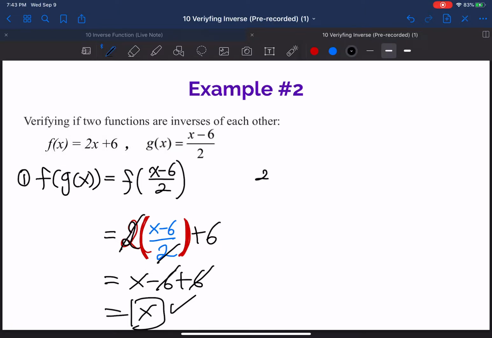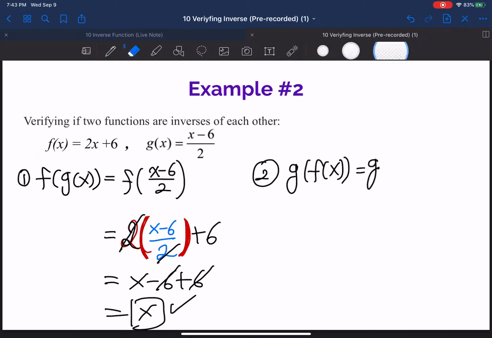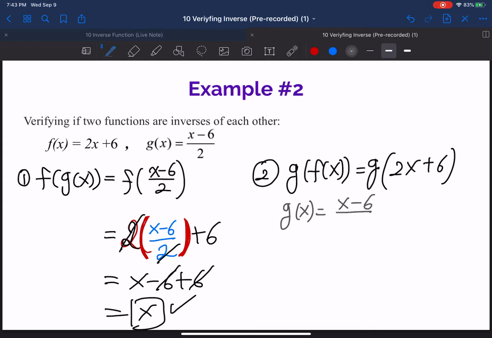Okay. Last step, we are going to verify g of f. So I'm going to write down g, and then my function f was 2x plus 6. That's it. And now I have to substitute, right? So let's look at g of x. g of x was x minus 6 over 2.